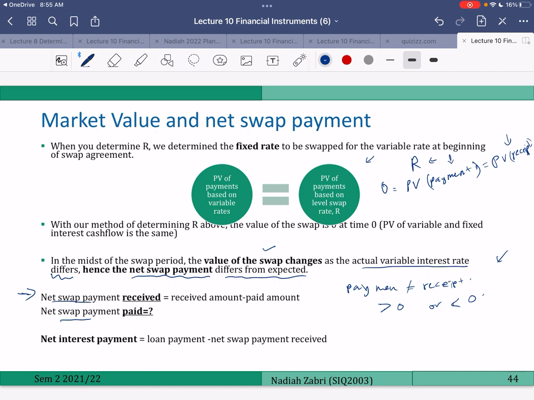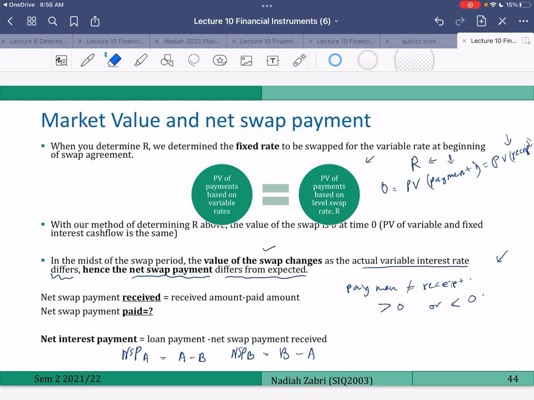For the swap, one party will pay A and the other party will pay B. So the net swap payment for the first party, party A, will be A minus B. But the net swap payment for party B will be B minus A. So the amount is the same but the sign is different. The one that is positive means they are paying. The one that is negative means they are receiving money.